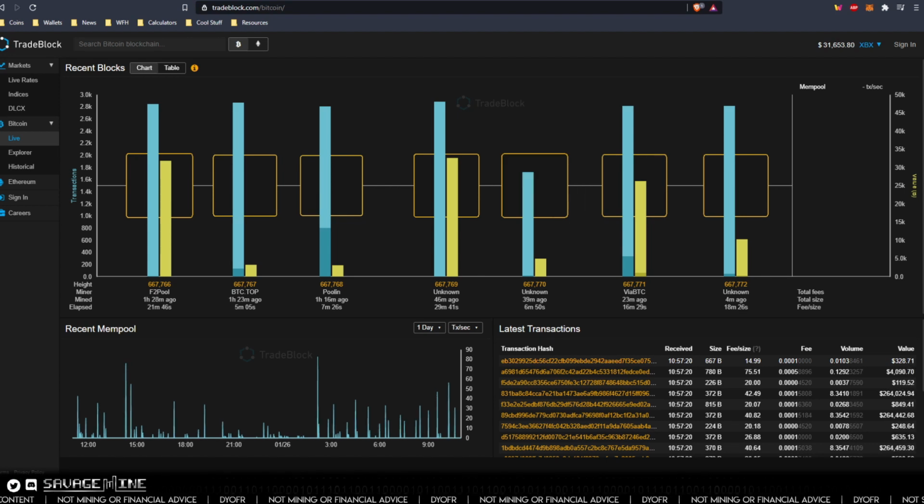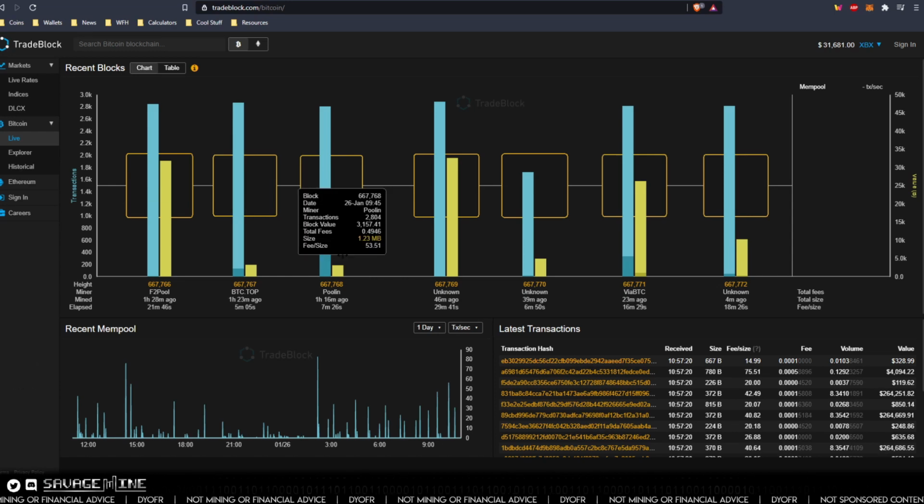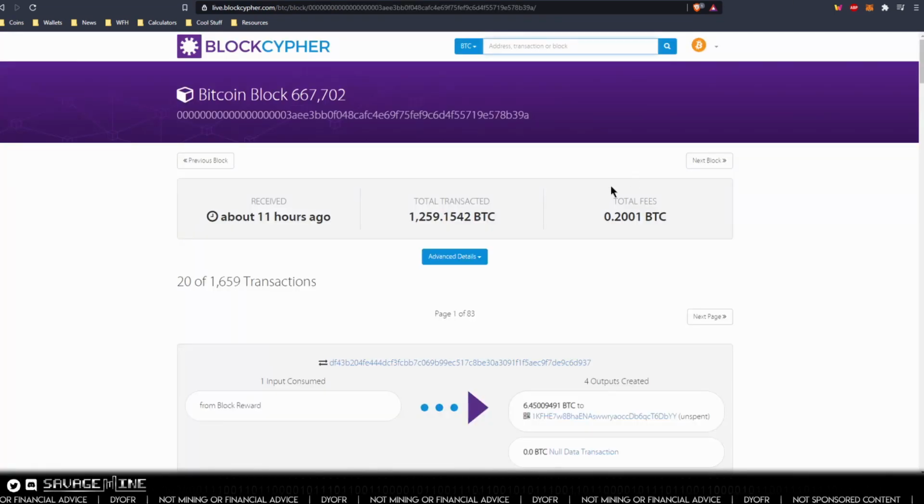You might be wondering what's with the leading number of zeros and all that stuff. The number of leading zeros required to solve a block is based on the current network difficulty to maintain the specified block time. The difficulty represents how many hashes it should take to find the solution and solve the block. You can see that in this example, Bitcoin block 667702.